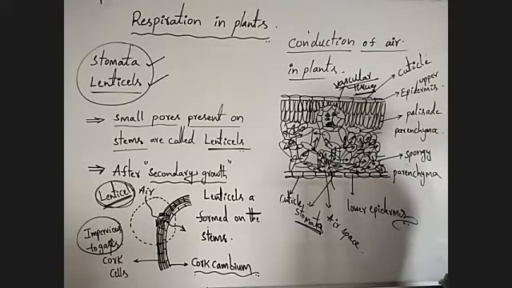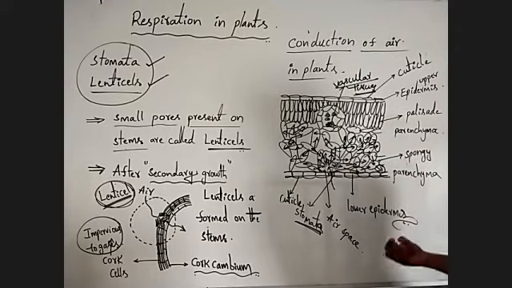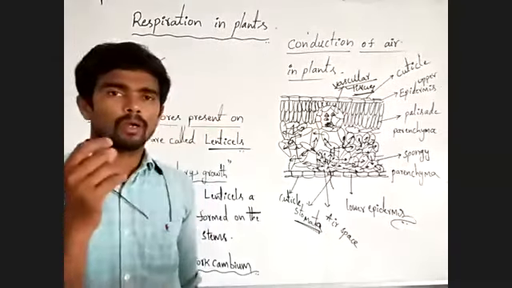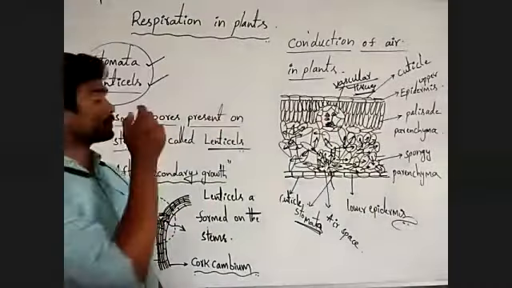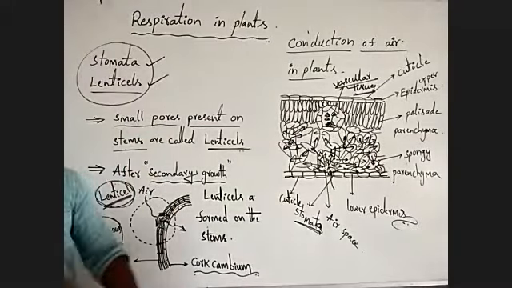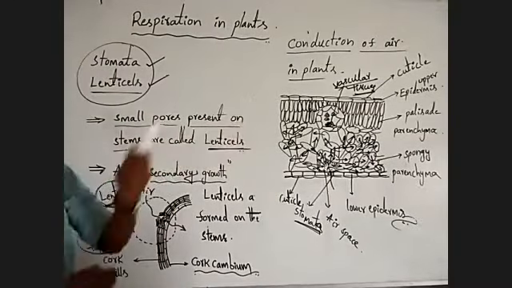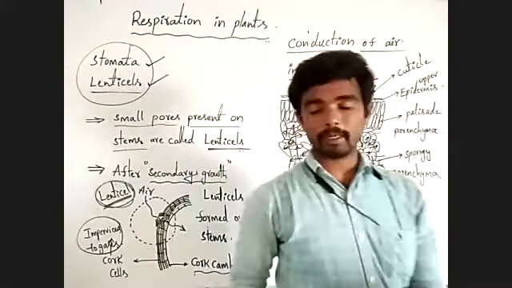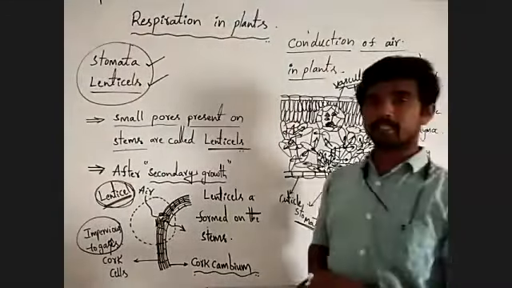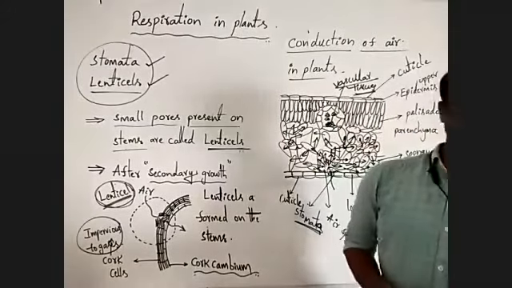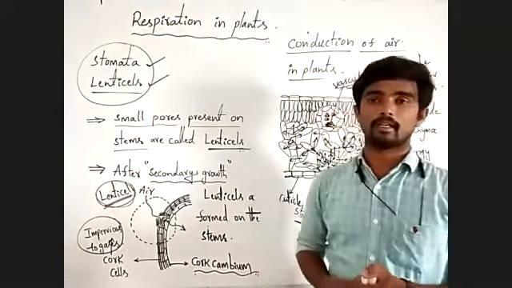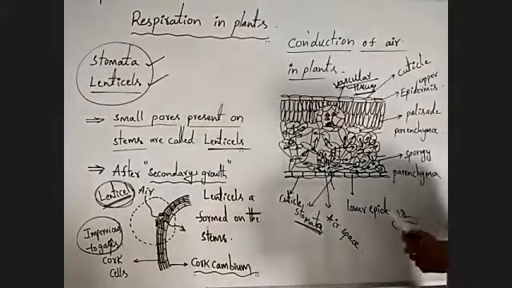Whenever air enters the lenticels, the chamber-like structure, the oxygen present in it is dissolved in the water present in the lenticel cavity. Then from those cavities, it is transported to each and every plant cell.